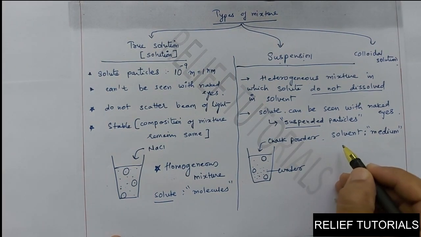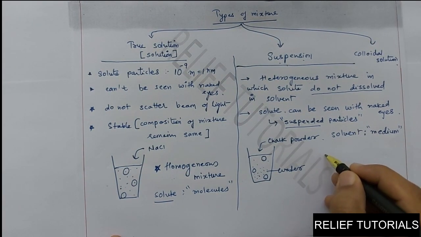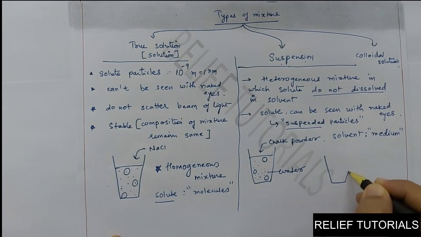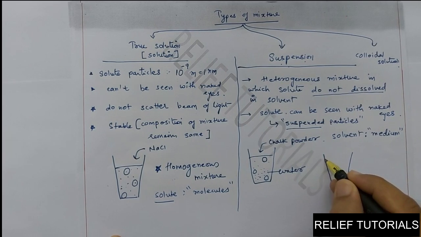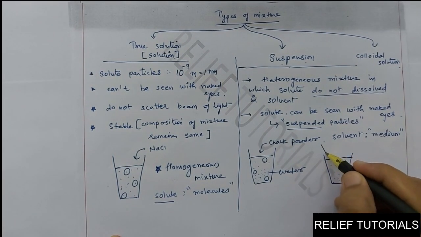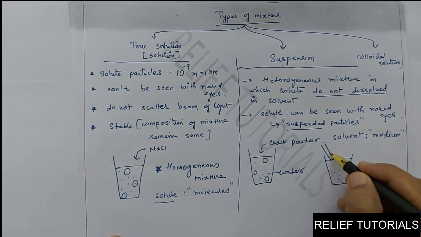Okay, so now let us pass the light ray. So if you think, let us consider this is suspension solution. Here the particles are unevenly distributed, and if you pass the light ray from it, what could happen?